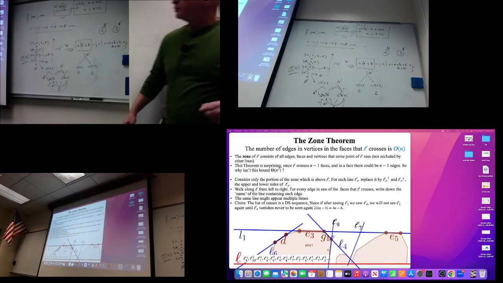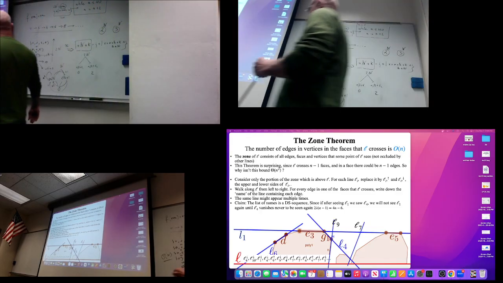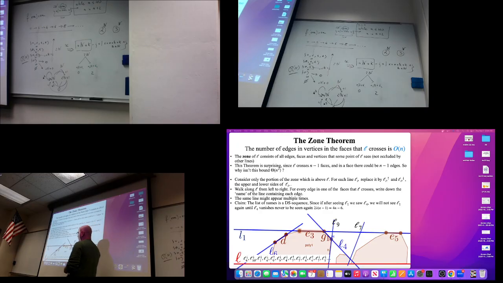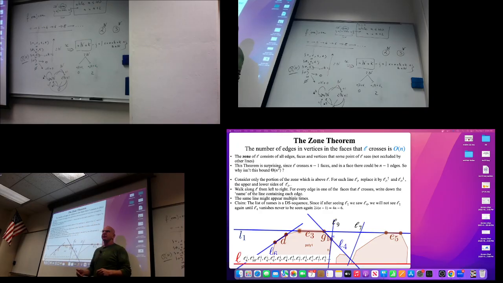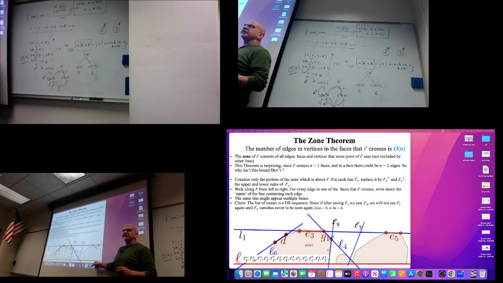So I want to convince you that Davenport-Schinzel sequences will somehow pop up when we are talking about arrangements of a line. We look at one particular line, L over here, and we want to ask at each moment what this line sees just above the line.